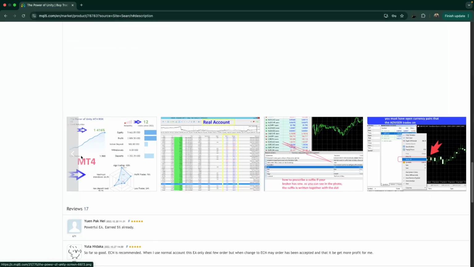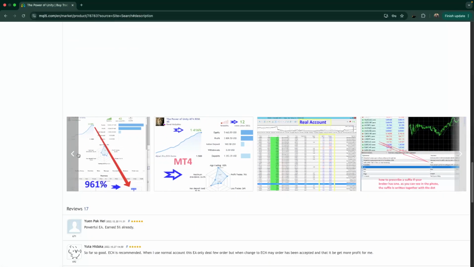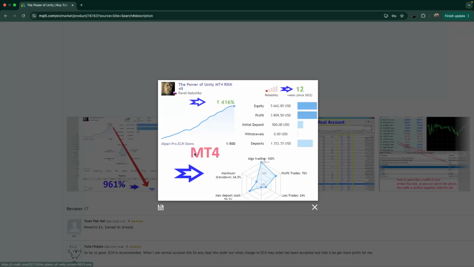They show their live signal, which they've taken down because you can't find it on the page, but this is what they showed from a live account running for 12 weeks, even though it has low reliability, but we are seeing gains of 1416%.